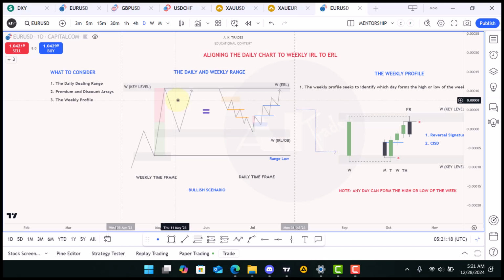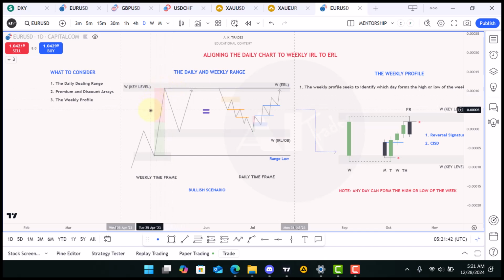So here we have a diagram depicting the weekly charts and that of the daily time frame. As we can see here, we have our daily range. That is the range that recently took sell side liquidity and then buy side liquidity.